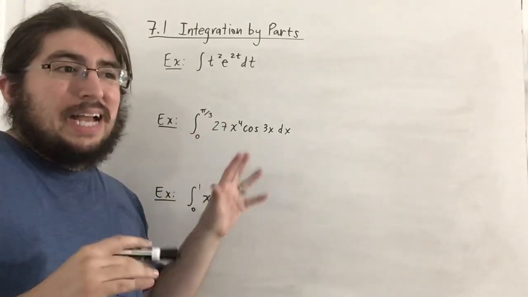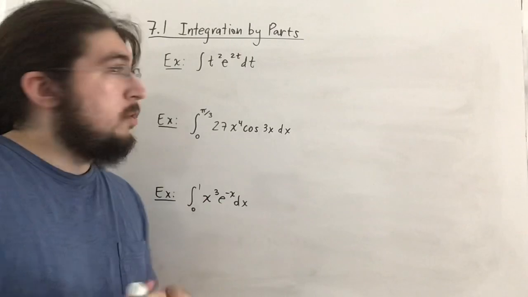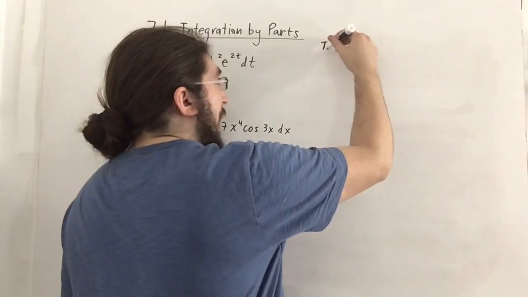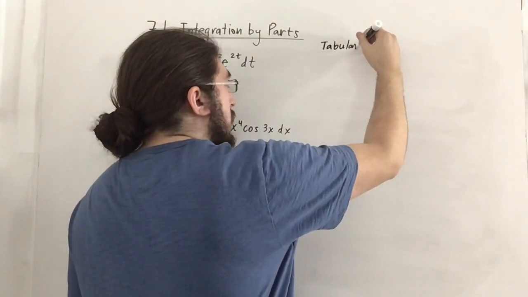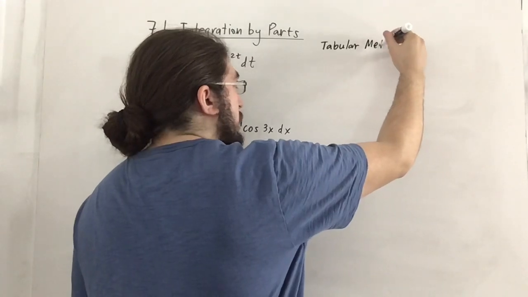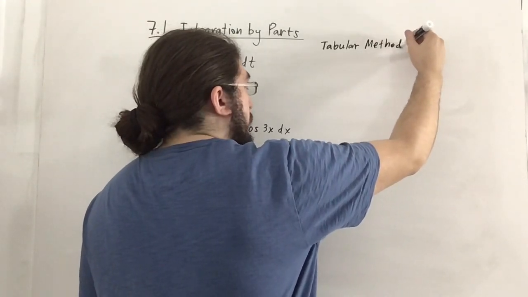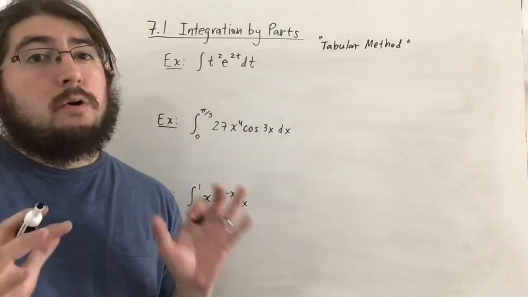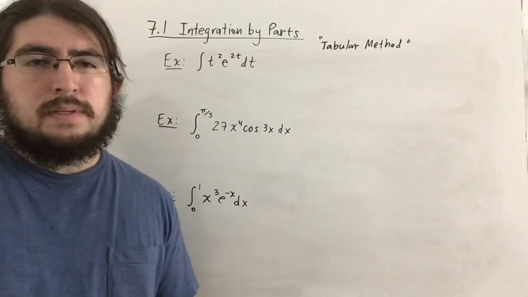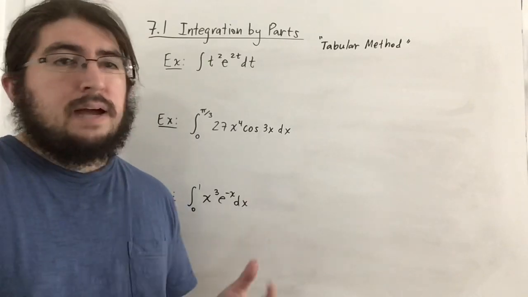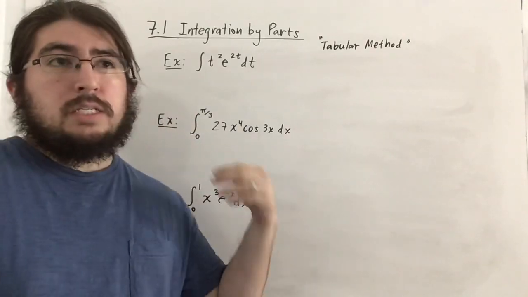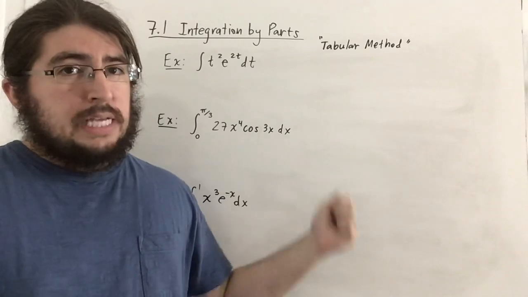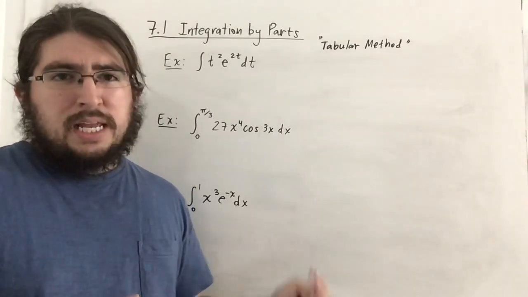But it's actually not that bad with the shortcut in mind, and the shortcut is known as the tabular method. At least from what I'm told. And the tabular method is pretty cool, but it only applies kind of sometimes. It really only applies when you have a polynomial multiplied to a function that you can take the antiderivative of essentially indefinitely.